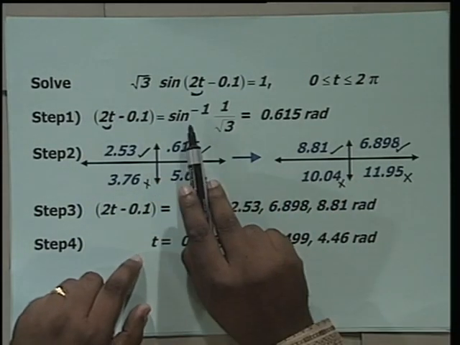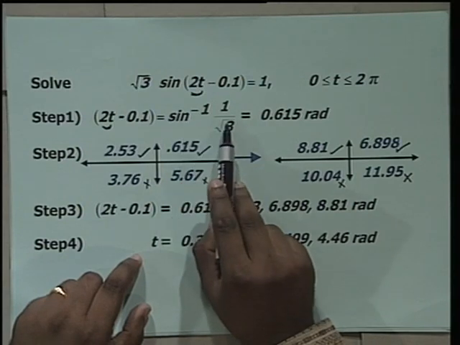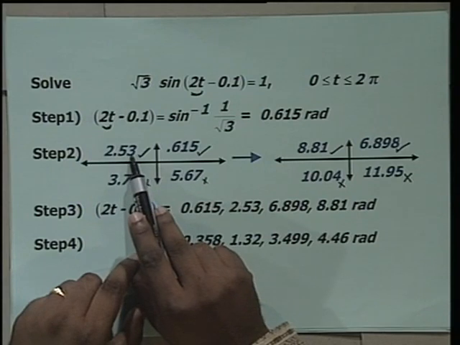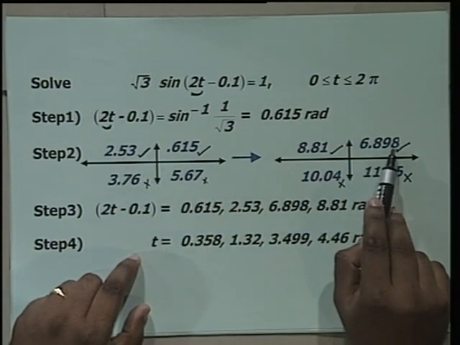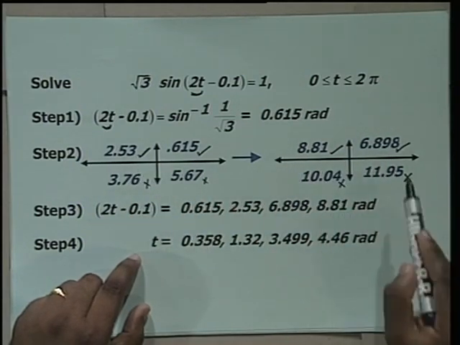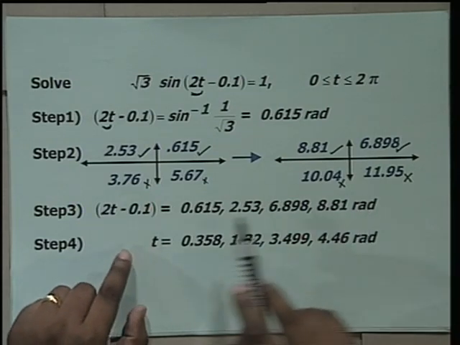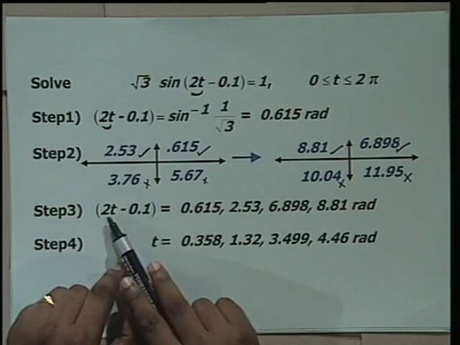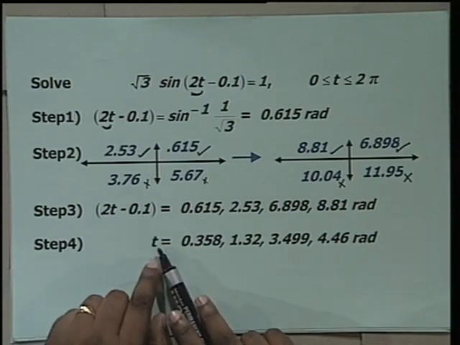Therefore, we'll say that sine inverse 1 over root 3 is 0.615, 2.53, 6.898, and 8.81 radian.